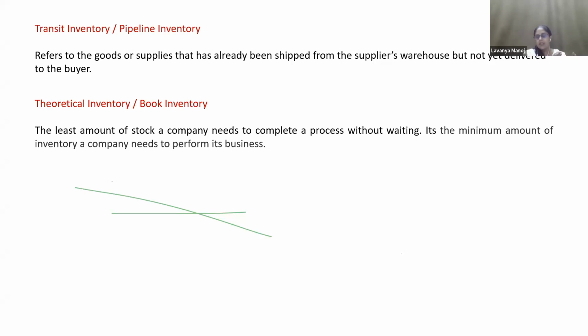For the safer side, they will always have this inventory with them. Whereas with the other inventory, the buffer stock, safety stock or anticipation stock, the inventory keeps on moving. Once production is done with the existing inventory, for the next turn the inventory kept as a buffer stock can be taken.